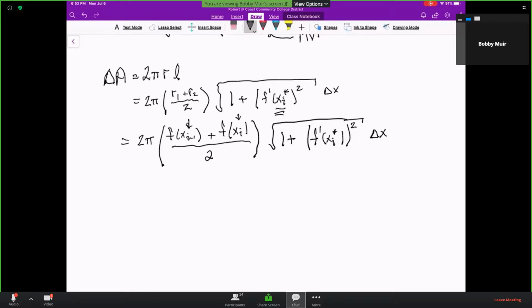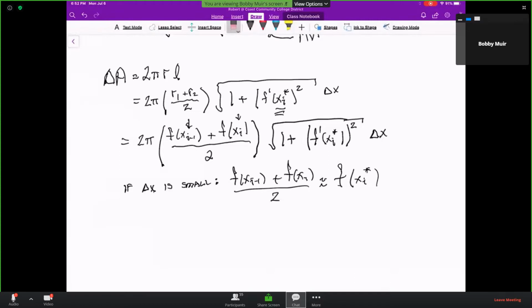But here's what we can say: if delta x is small, then (f of xi minus 1 plus f of xi) over 2 is almost going to be the same thing as f of xi star. This is provided the function is continuous. This is me intentionally doing a squiggly equal sign; it's almost equal to that.